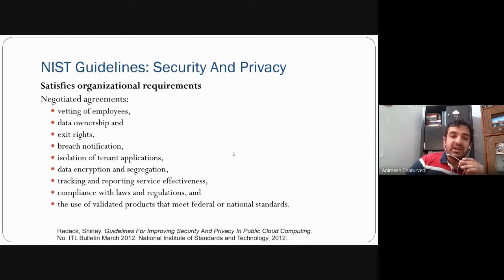Then there's isolation of tenant applications. The applications should be properly kept, and there should be isolation between them. Then there's proper data encryption, meaning the data should be secure enough and encrypted, and segregation has to be done, meaning all the data should be segregated.